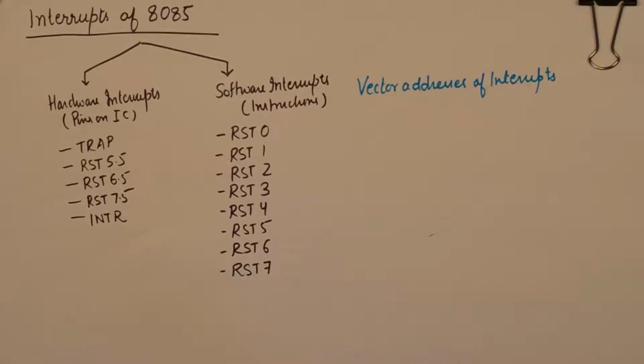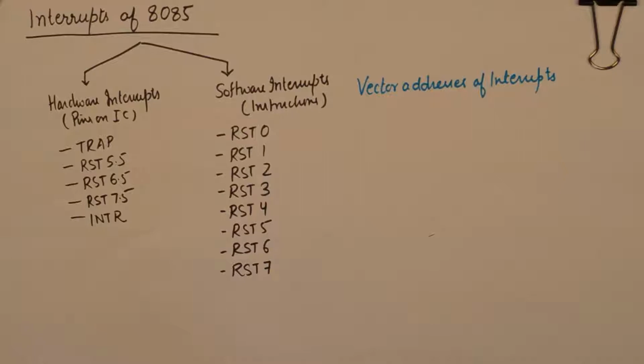So the program is paused or halted at the location where the interrupt is placed, and it then subroutines the microprocessor into another location, which is of course the interrupt location.